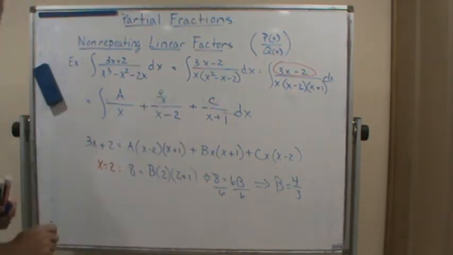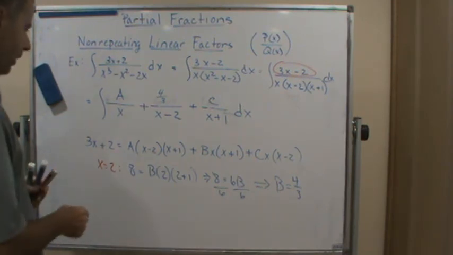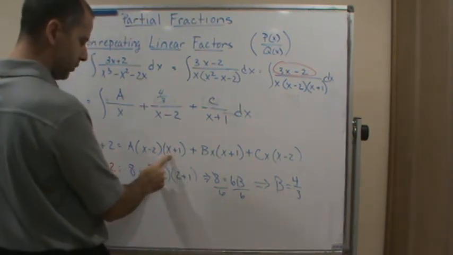All right. Now what about getting one of the others? Okay, let's make x equal to -1.